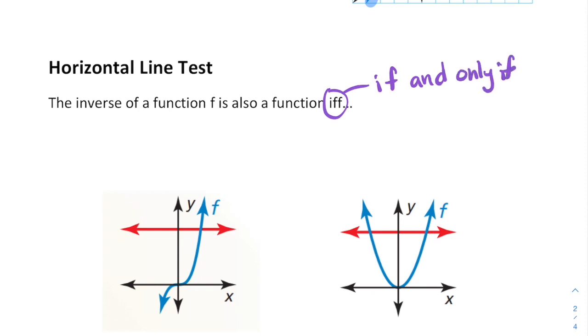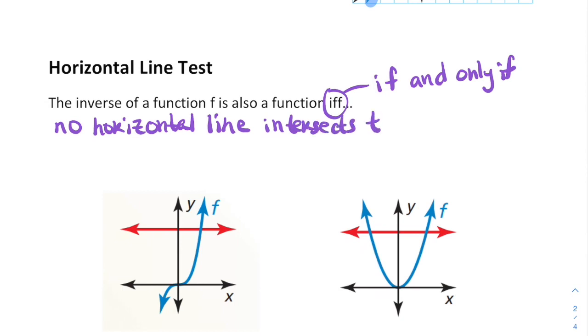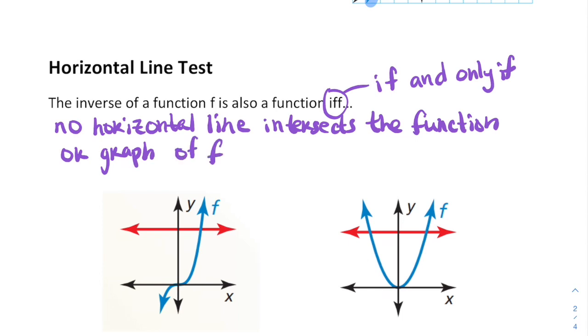And then let me give you that conditional. It says that no horizontal line intersects the function or the graph of f more than once.